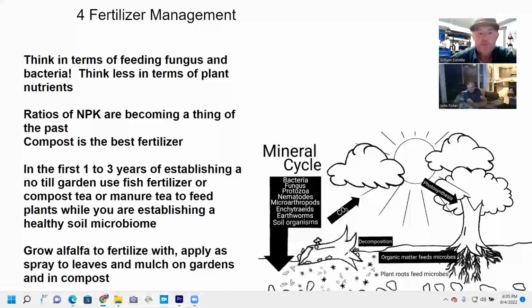Right, exactly. So if you're trying to feed the microbes, make sure that you're getting the microbe food in there, which we've already talked about. The microbes into the soil, you mean? The food. Microbe food is the ingredients for compost. You don't have to make compost.